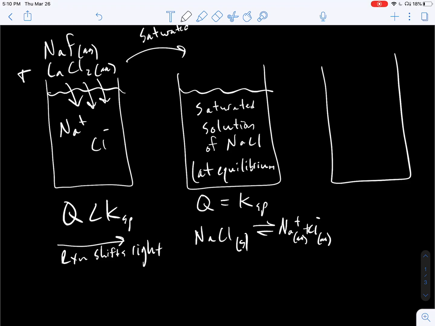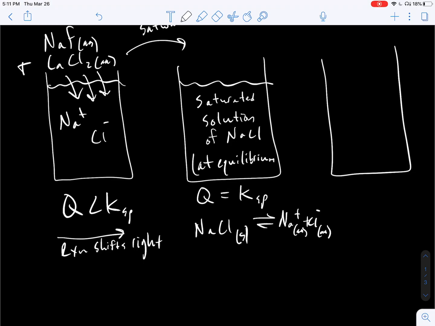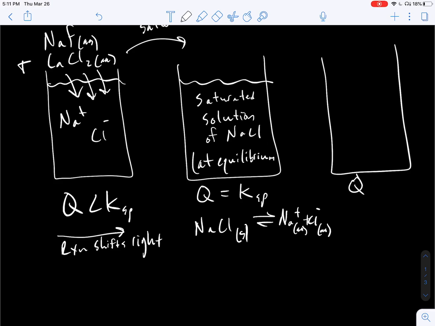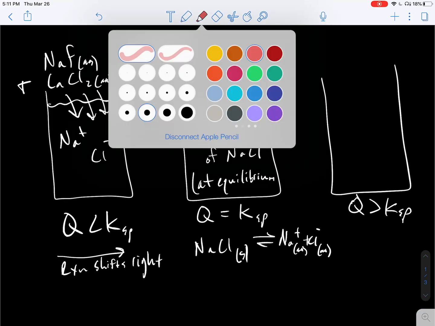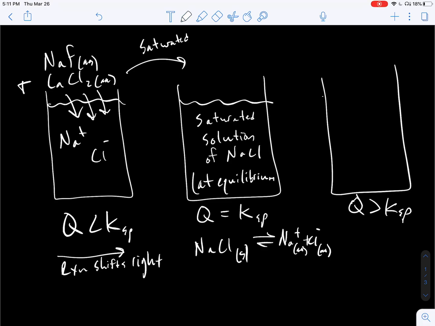Now, past equilibrium, the other side, Q is greater than KSP. At this point, I have excess solid here.